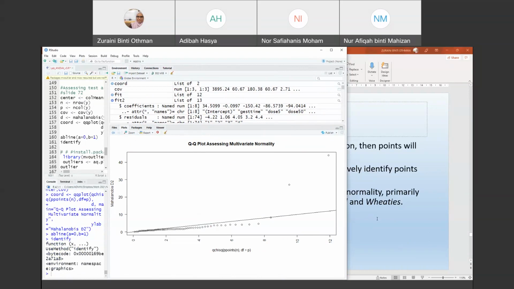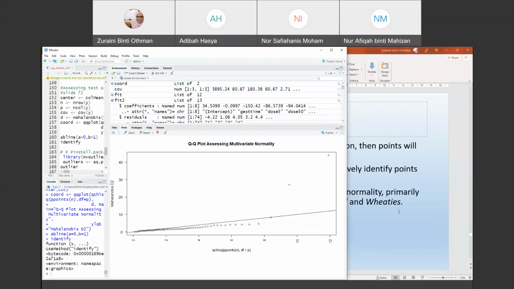Okay, we can see that this is one point on the line just now.